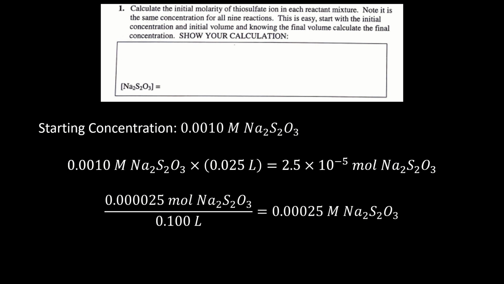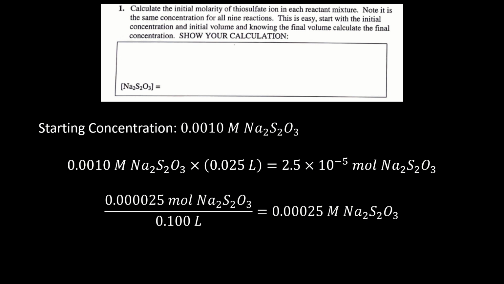So, according to our chart, once your sodium thiosulfate buffer solution is made, it will have a concentration of 0.001 molar. And if you take 25 milliliters of that solution, or 0.025 liters, what we have is 2.5 times 10 to the negative fifth moles of sodium thiosulfate.